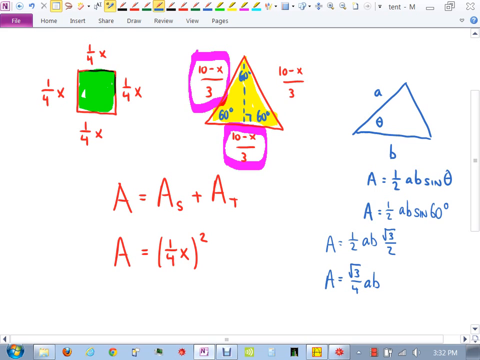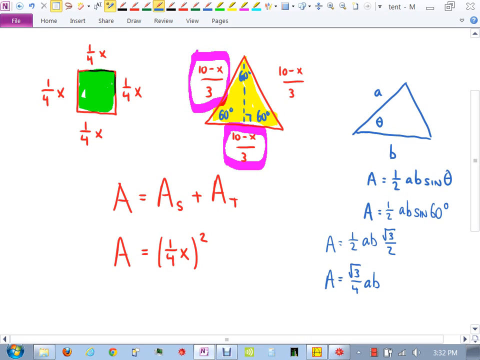Did you do it with the height? So you found the height? So the √3/2, same thing, yeah.